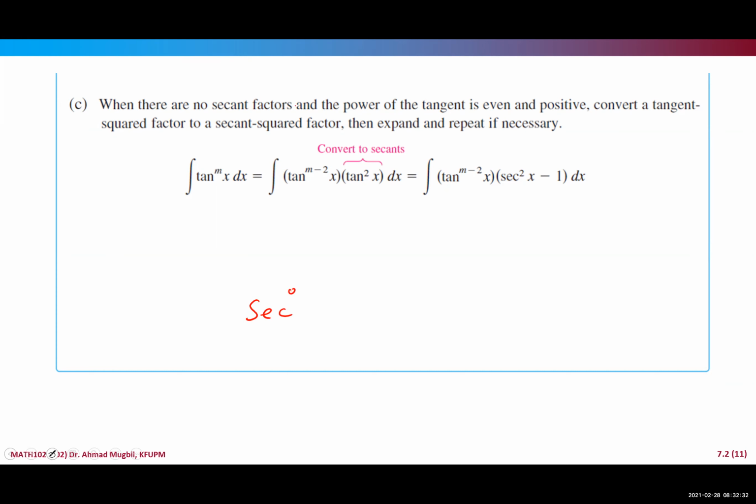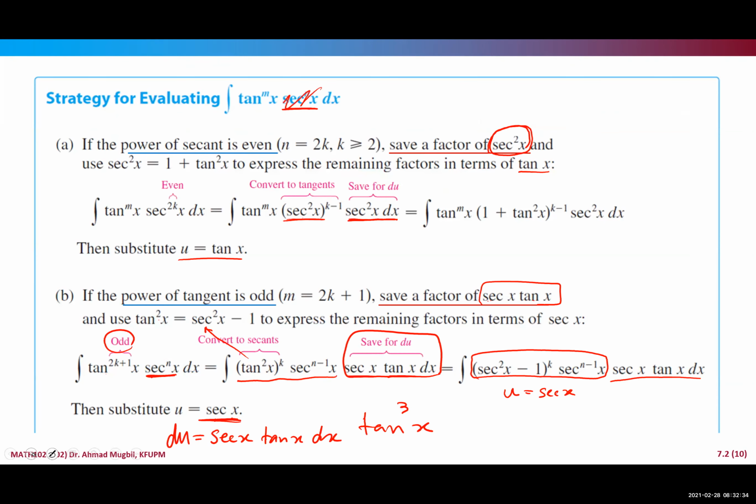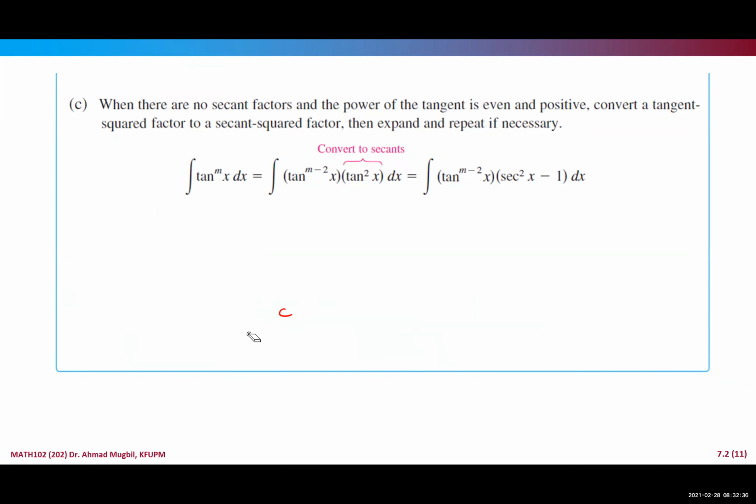Now, if there is no secant, which means that it is secant to the power 0. So this is the same, but here it is 0, no secant. We have this case when there is no secant factor and the power of tangent is even. We discussed before when it is odd; here it is even and positive. You need to convert the tangent squared factor to secant squared factor.